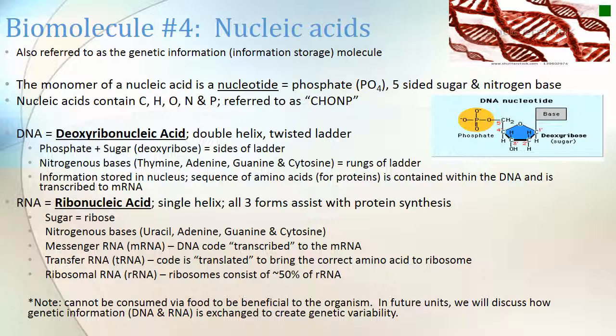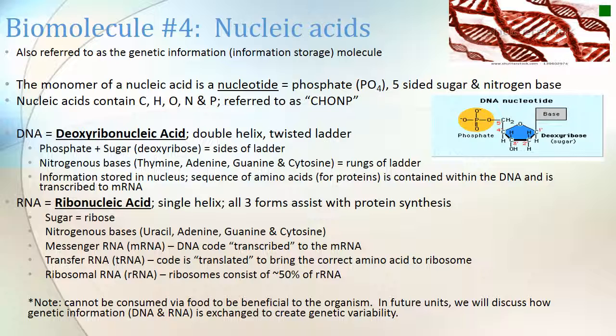DNA can't leave the nucleus. However, RNA can, and it does, and that's very vital to the protein synthesis. But you should, at this point in time, definitely recognize that the sugar for RNA is ribose, so there's a difference between RNA and DNA.